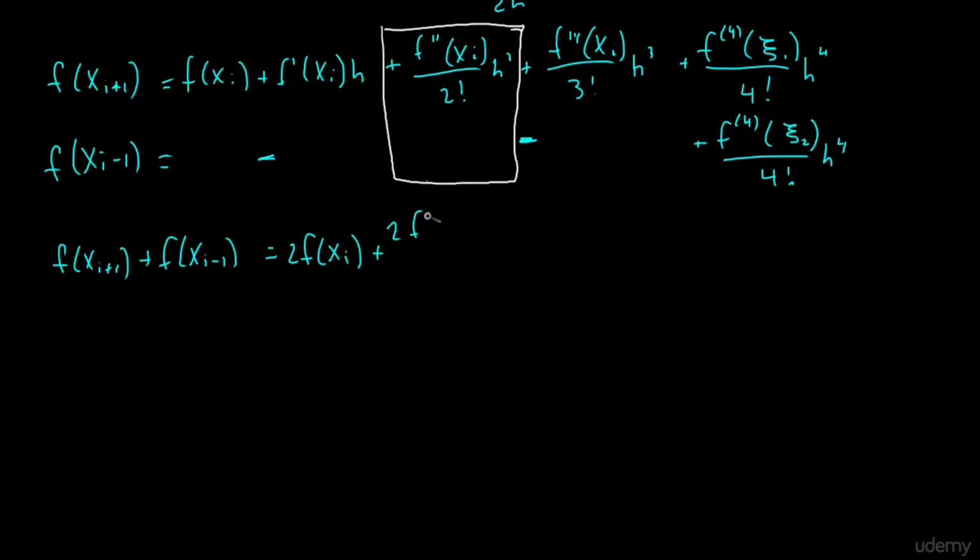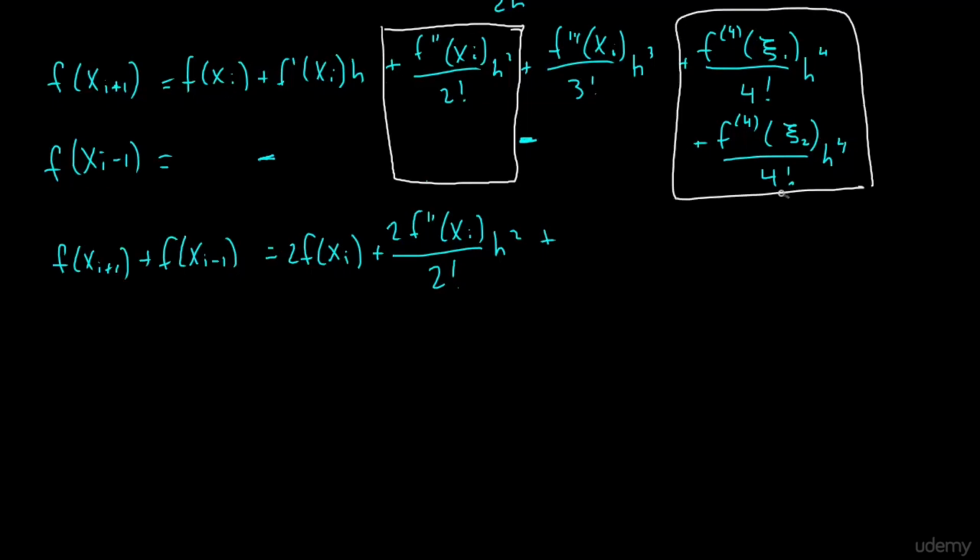So we get two second derivatives of xi divided by 2 factorial times h squared, and then we have these two terms. These two terms just go as they are, so we add them up. So once again, if you were to solve for the second derivative, for this part, because that's what we're interested in, you'll get something like the following.